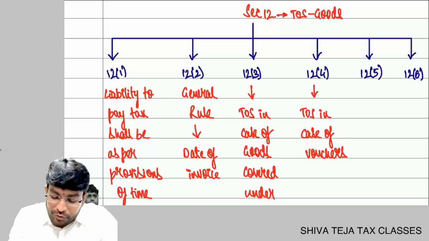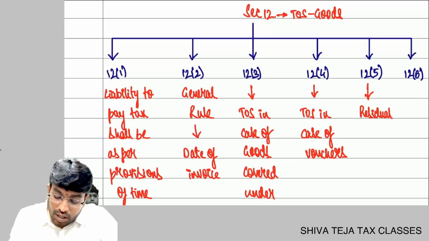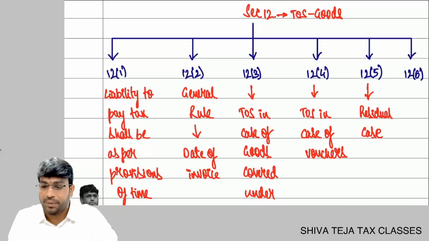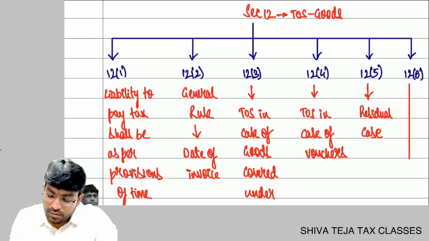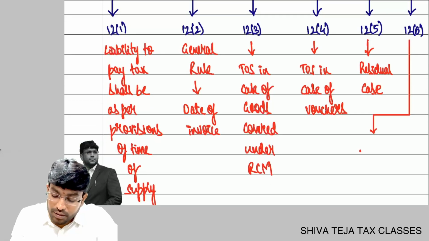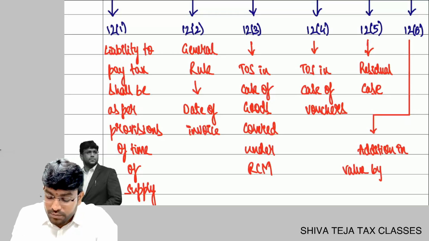Next, 12.5 talks about residual case. What is the residual case? We'll talk separately. And 12.6 talks about addition in value.